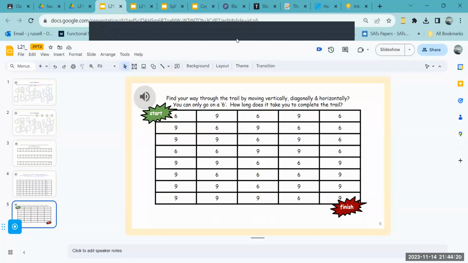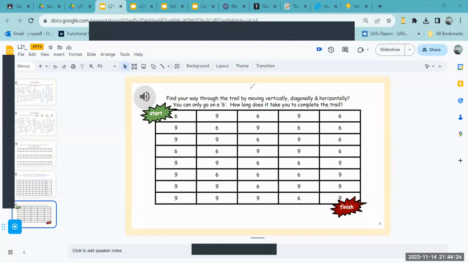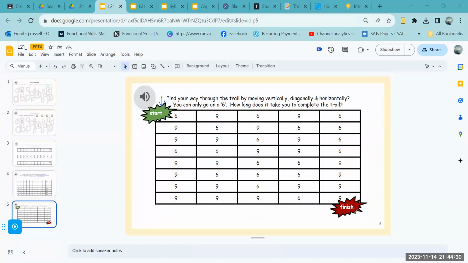Now, finally, we've got our slide number 5. And this time we've got digits only. So what I'm going to ask you to do is have a look at the starting point and the finishing point, and I want you to find your way through the trail, moving vertically, which is up and down, diagonally from one corner to the other, and horizontally, which is across.